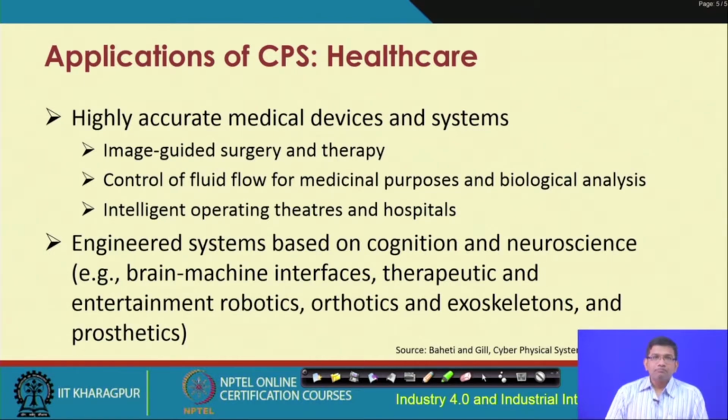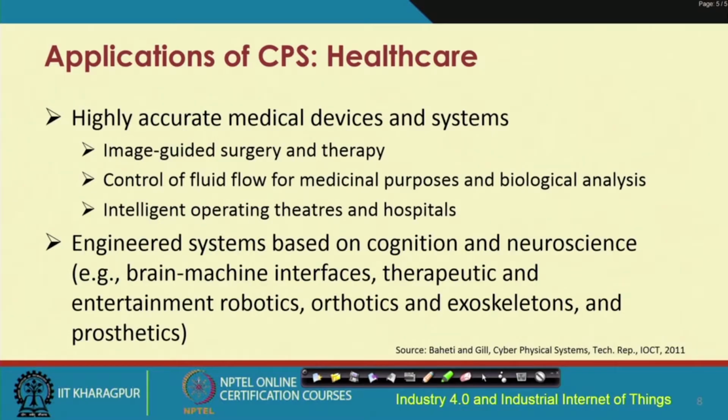So, for example, you must have heard about the use of robotic surgery or image guided surgery. These are examples of cyber physical systems and their use in surgery or healthcare in general.